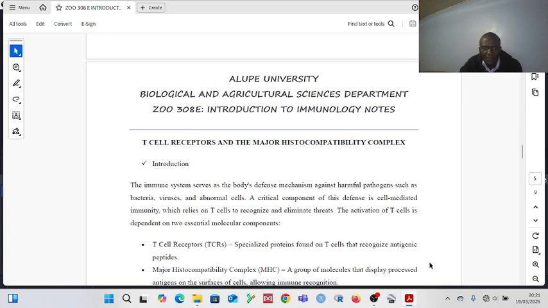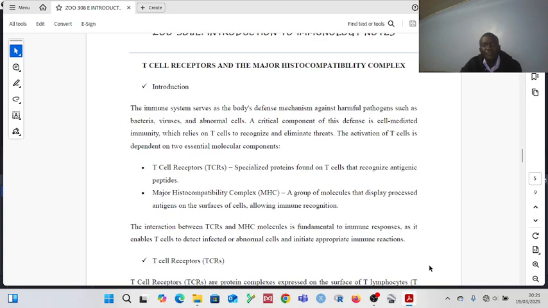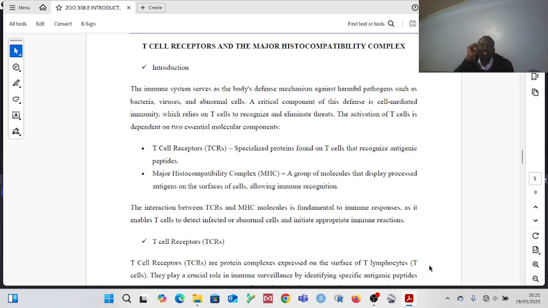So next, let's look at now the receptors of these T cells. So the T cell receptors and what we've been mentioning as the major histocompatibility complex. So the immune system serves as the defense mechanism of the body. It defends the body against harmful pathogens.